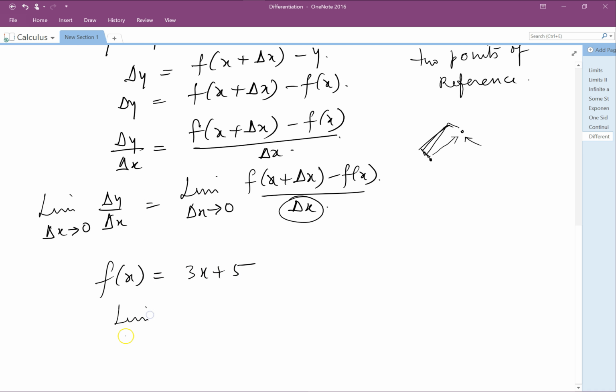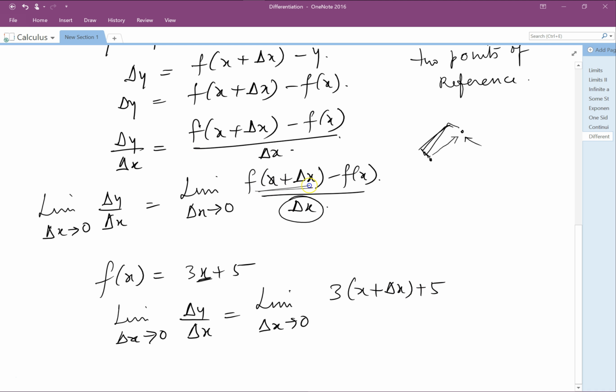Limit as delta x approaches 0 of delta y by delta x is equal to, now wherever x is there, we substitute x plus delta x. So limit as delta x approaches 0 of, not f now, 3 times x plus delta x plus 5.